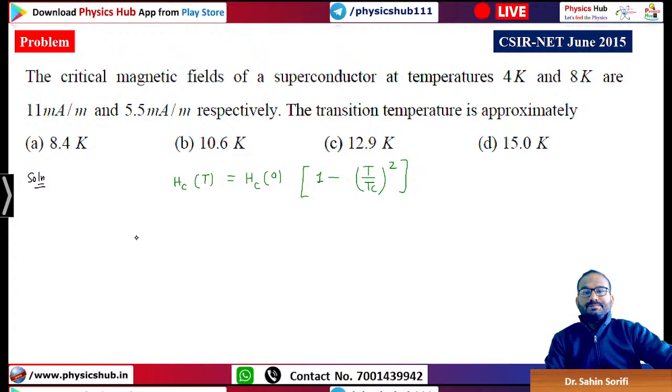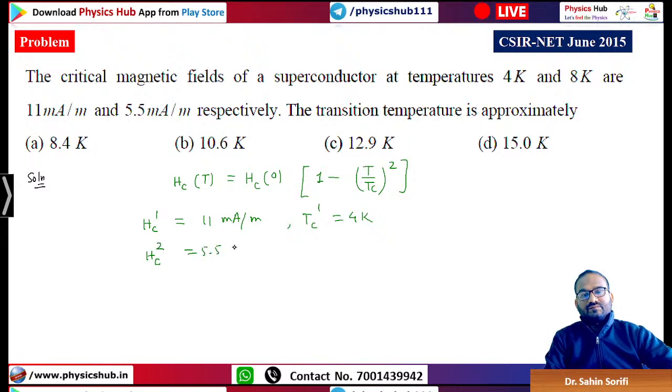So as you can see, Hc1 is equal to 11 milliampere per meter and T1 is equal to 4 Kelvin. Hc2 is 5.5 milliampere per meter, T2 is 8 Kelvin.